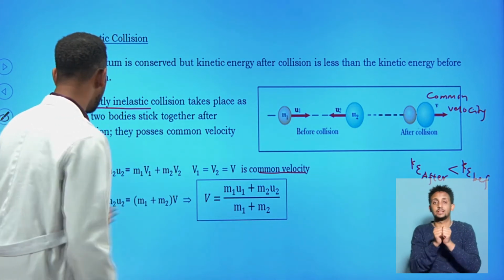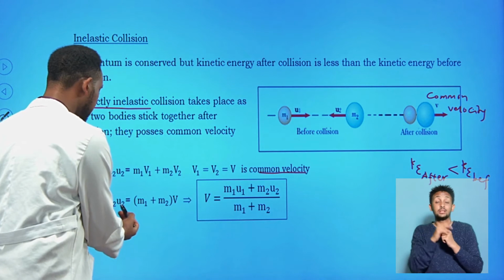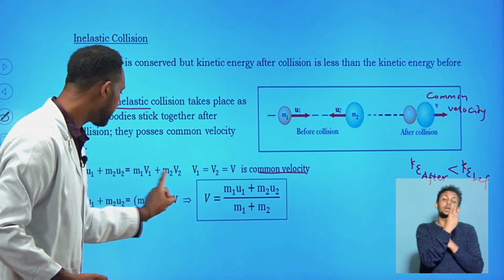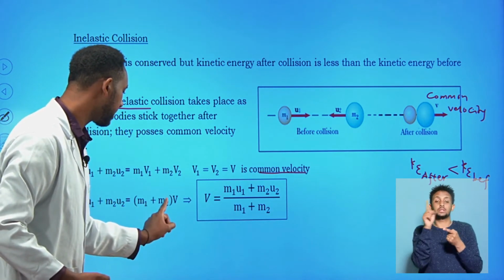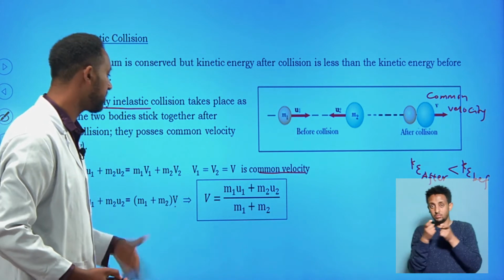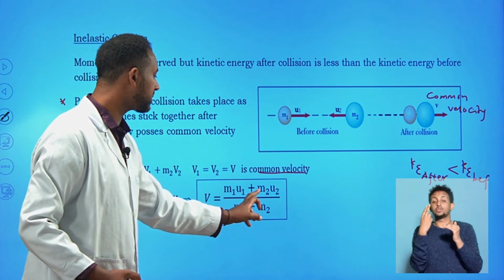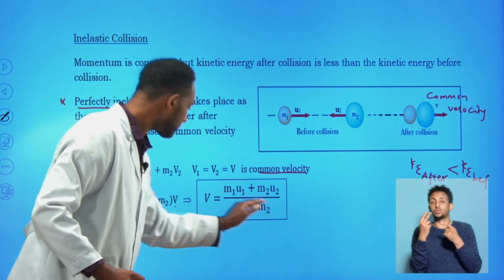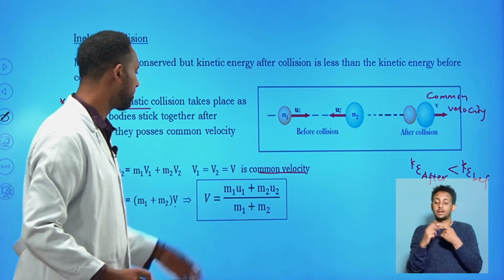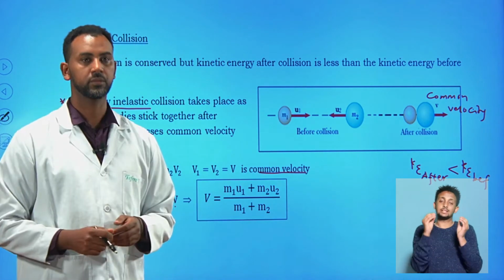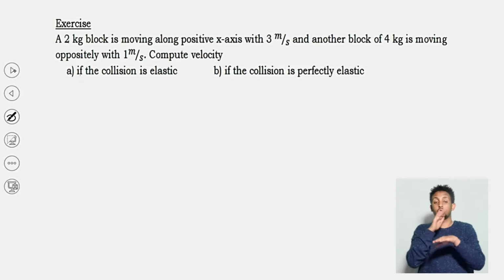So m1 u1 plus m2 u2 equals (m1 plus m2) times the common velocity v. So the common velocity is m1 u1 plus m2 u2 over the total mass m1 plus m2. This is what we call the common velocity.